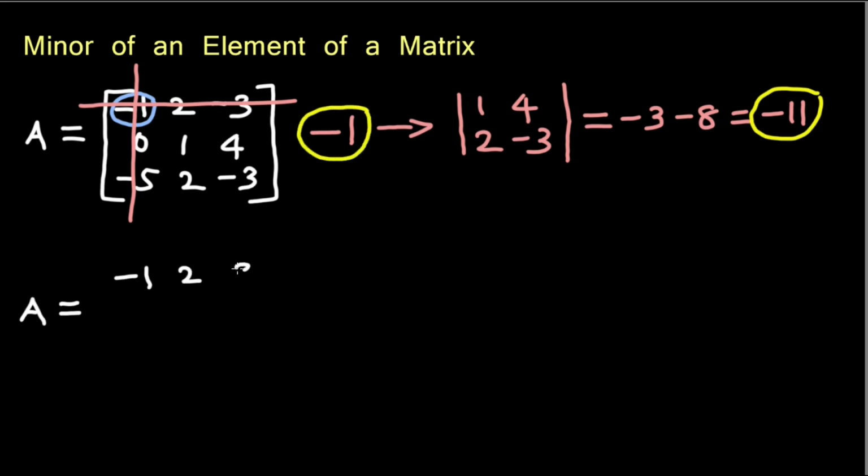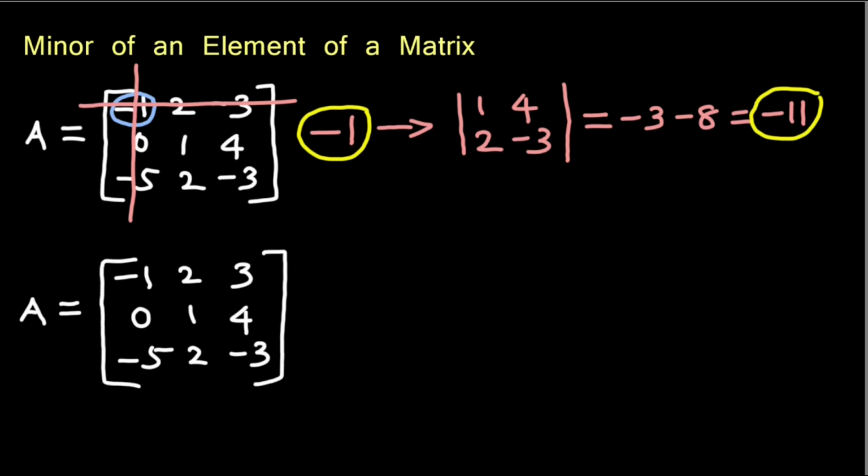Suppose we want to find the minor of another element of the 3 by 3 matrix A. Say, for example, we want to find the minor of element 4. Then we have to hide the row passing through this 4 and the column passing through this 4. So we get the minor of element 4 in the form of a determinant of the unhidden elements minus 1, 2, minus 5, 2.